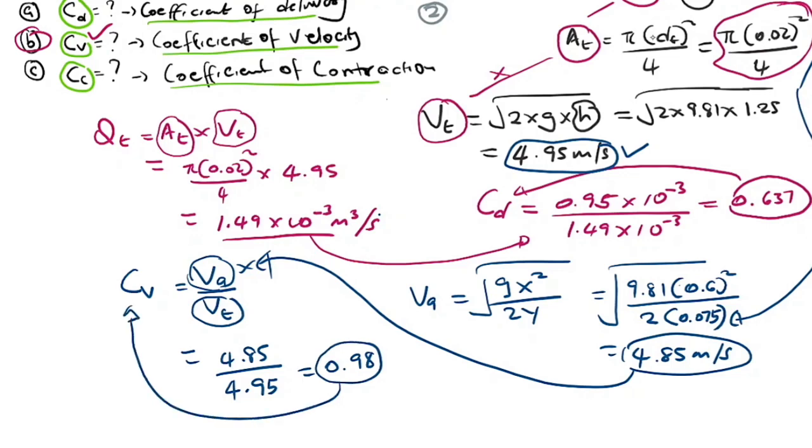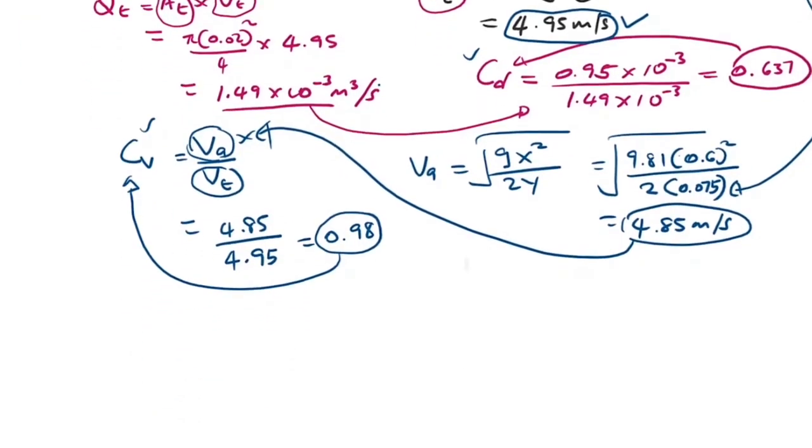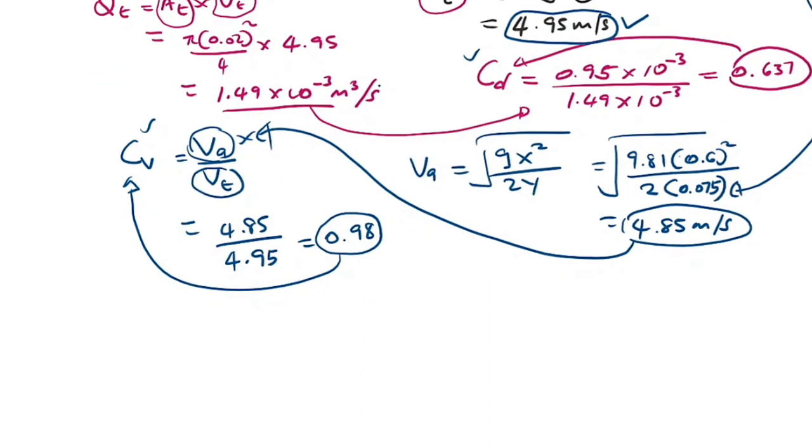Now you have this and you have this. You have to find now this coefficient of contraction. To find the coefficient of contraction, it is simple, because the coefficient of contraction, C subscript c, is equal to the coefficient of discharge divided by the coefficient of velocity.